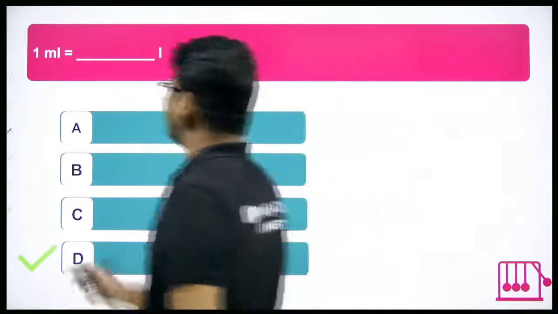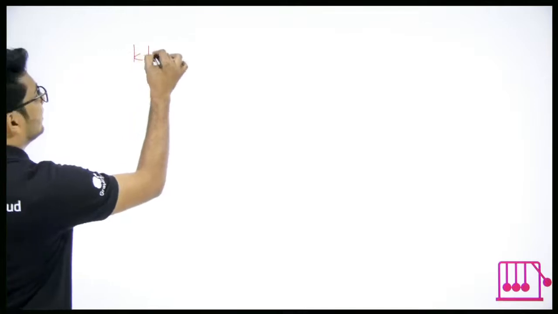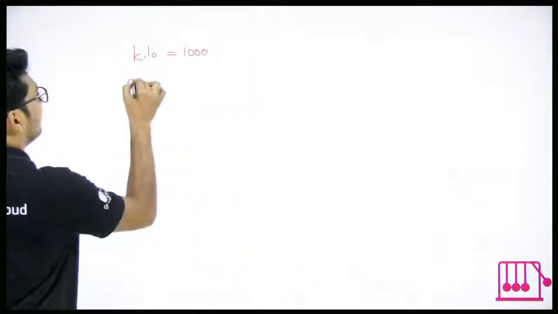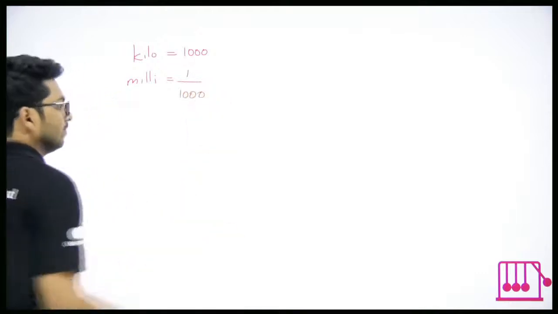Why? Because milli is 1 by 1000. See, kilo is equal to 1000. Yes or no? We say kilometer is equal to 1000 meters. Similarly, milli will refer to 1 by 1000.